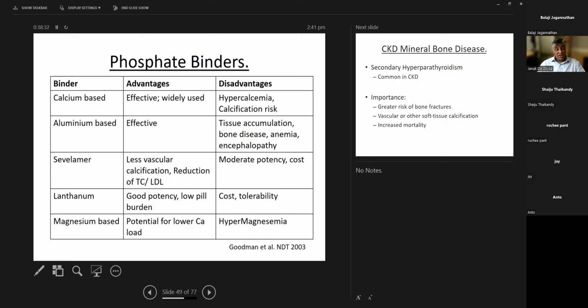So by potency, I mean that the relative phosphate lowering you get from one tablet is greater. So 1 tablet of sevelamer will tend to lower serum phosphate much more than 1 tablet of calcium. And so we can minimize pill burden for the patient. And magnesium-based salts have been used, but they do tend to cause hypermagnesemia, so generally not used in clinical practice.